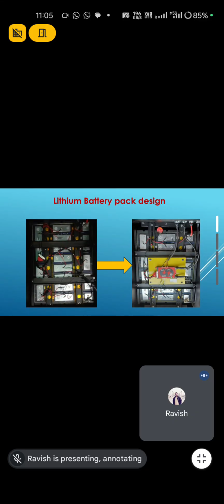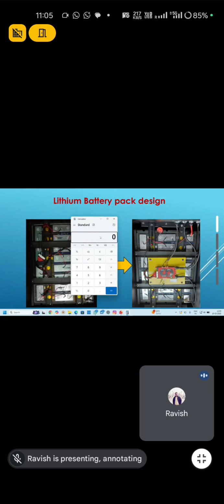If we want to make a 48 volt battery, then you have to calculate the number of cells.